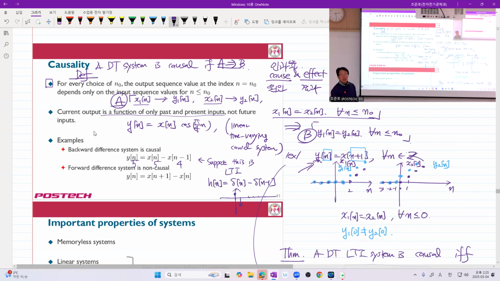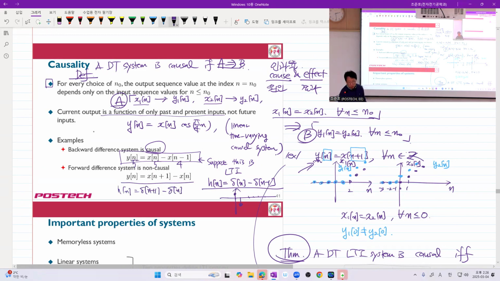So is this signal a causal signal? Yes. So if this describes the input-output relation of a DT LTI system, the impulse response is given like this, which is a causal signal. So this is causal, as I claimed. Now, what about this? The impulse response equals delta of n plus 1 minus delta of n.